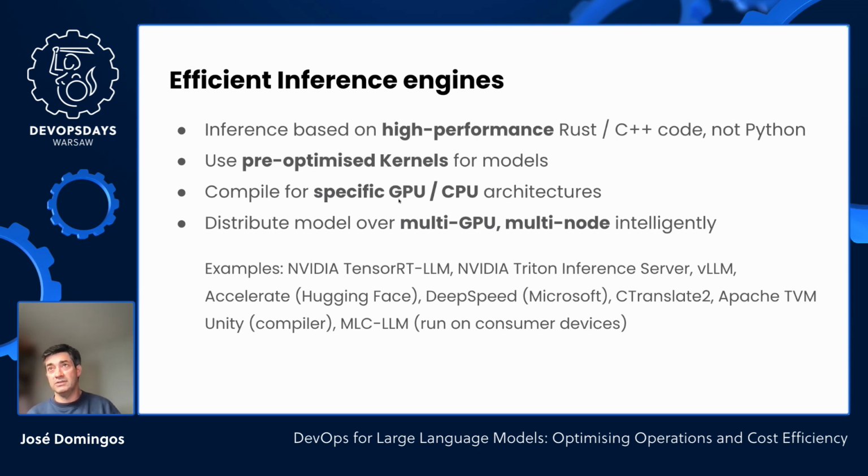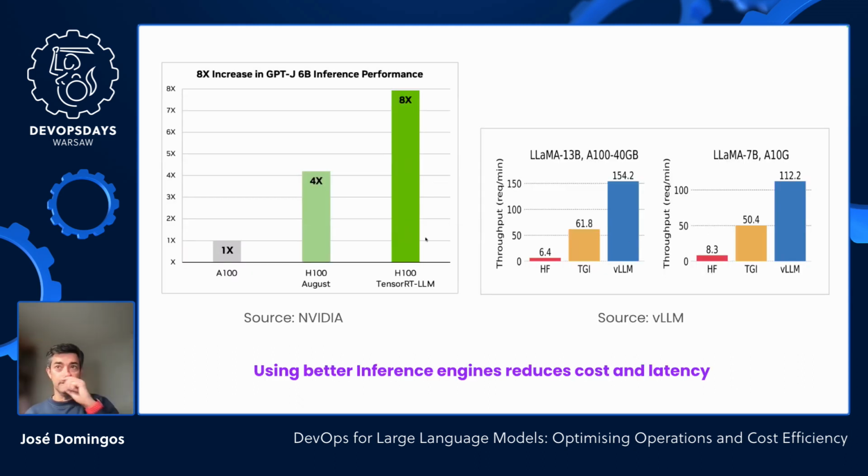You may have specific GPU or CPU architectures, and you compile those models to work with those. You may have the ability to distribute your model across multi-GPU, multi-node intelligently. Again, a set of examples here. We'll look at CTranslate2, for example, and we'll look at some of the Triton Inference Server and vLLM examples.